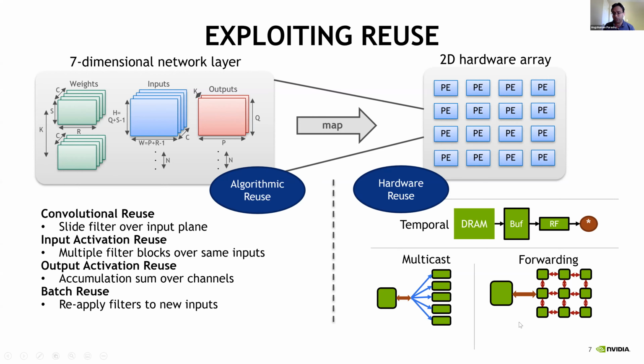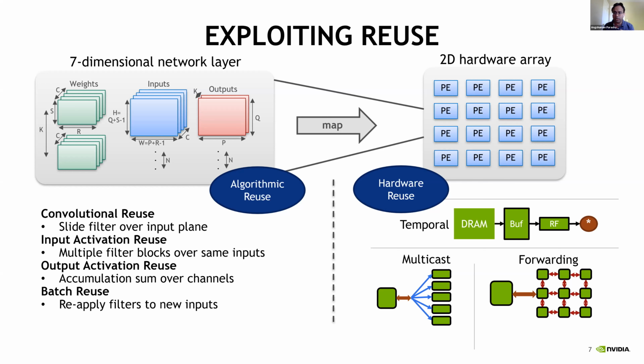And a third form of hardware reuse is what we call forwarding, in which a hardware unit uses a value and then forwards it on, for example, to a peer unit. And all of these forms of reuse are what we call hardware reuse. And so during the course of mapping, you're going to be mapping algorithmic reuse to hardware reuse. And so a natural question is, what are the different ways in which we can do that?